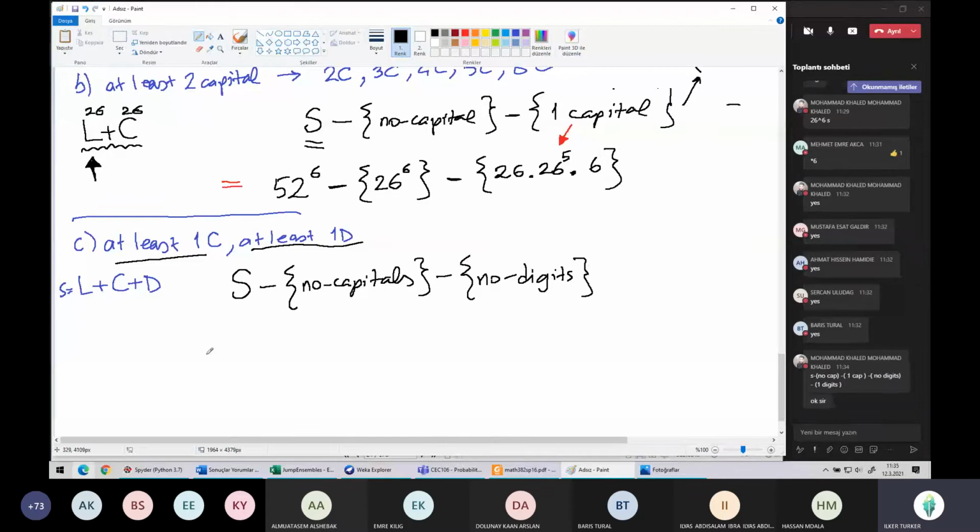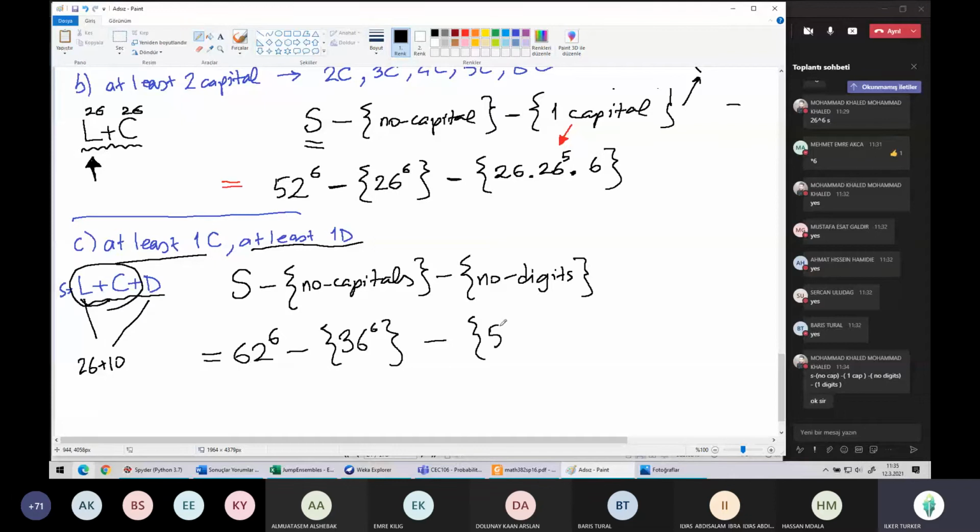My sample space is 62 power 6 because I have 62 characters, minus no capital means I am using lowercase and digits, 36 power 6, minus no digit means lowercase and capitals, it is 52 power 6.